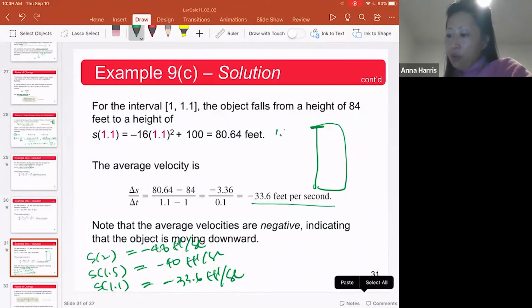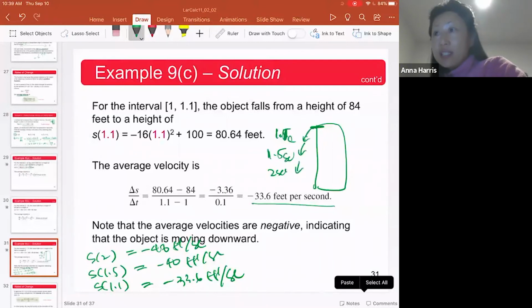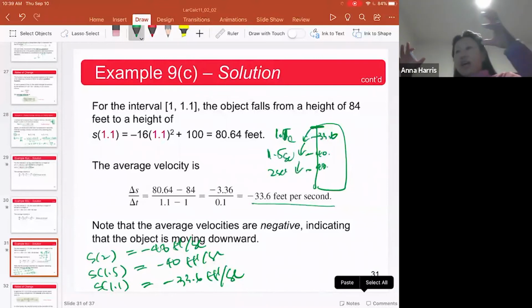This is about 1.1 seconds, this is 1.5 seconds, and this is 2 seconds. So the speed is what? Increasing, isn't it? Because you had negative 33.6, and here it's negative 40 point something. So average velocity has increased. It's going downward, but it's still increasing, getting faster, in other words.